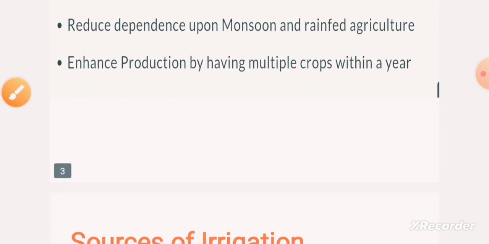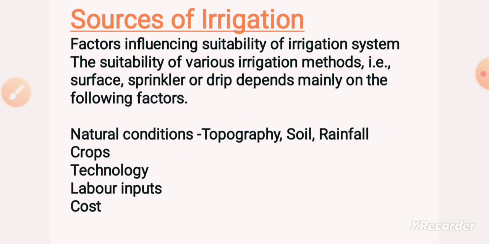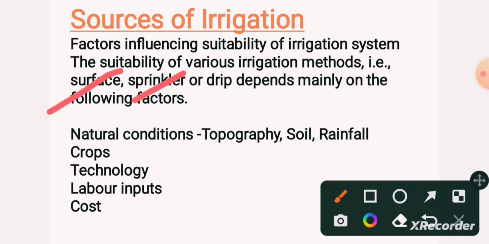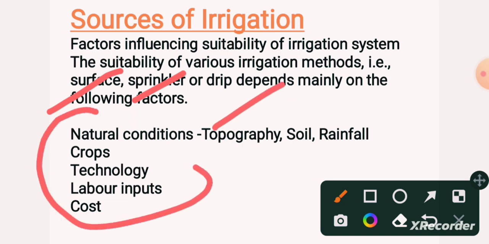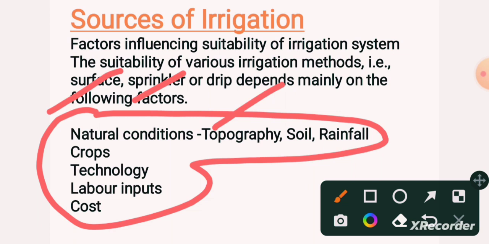Now we can see the types of irrigation. The suitability of various irrigation methods, that is surface, sprinkler, or drip, depends mainly on the following factors. Basically these are the types of irrigation, and which type is suitable for an area depends upon the natural conditions.